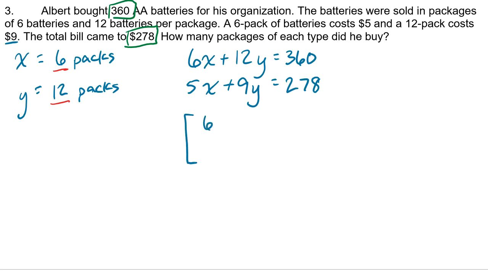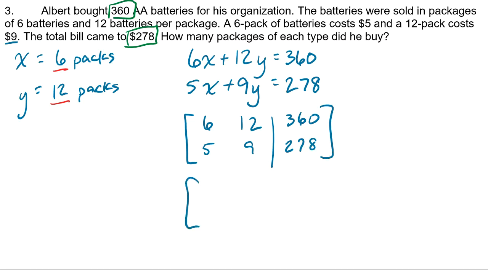So if I put in an augmented matrix, it's going to be 6, 12, 360, 5, 9, 278. Put this in your calculator or solve it by Gauss-Jordan again, and you should get 1, 0, 16, 0, 1, 22.